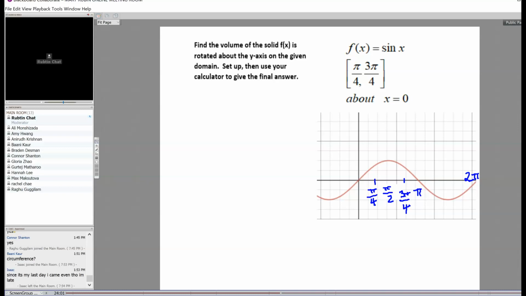So I'm interested in this area, from here to here, and I'll shade it. Rotating this around the x-axis.